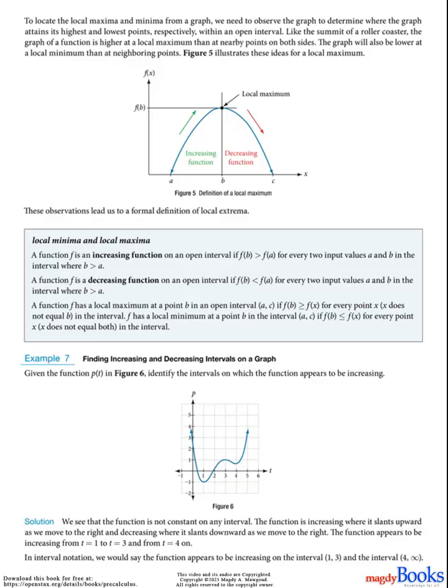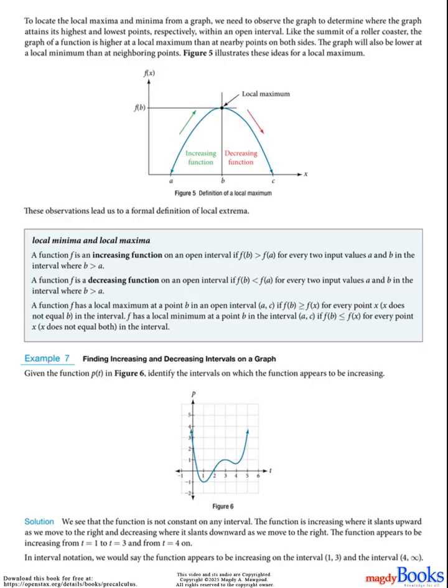Example 7. Finding increasing and decreasing intervals on a graph. Given the function p of t in Figure 6, identify the intervals on which the function appears to be increasing. Figure 6. t, p of t. Solution. We see that the function is not constant on any interval. The function is increasing where it slants upward as we move to the right and decreasing where it slants downward as we move to the right.